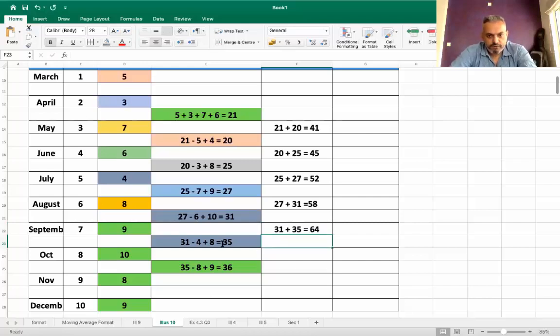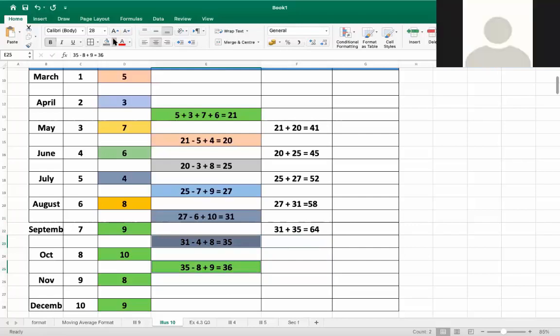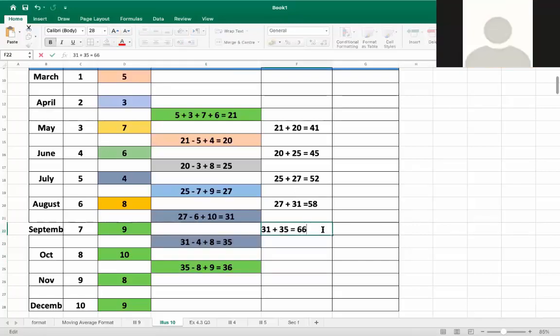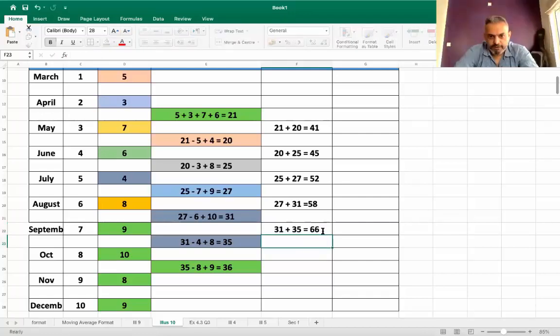And then the last two, 35 plus 36, which is equal to 71.